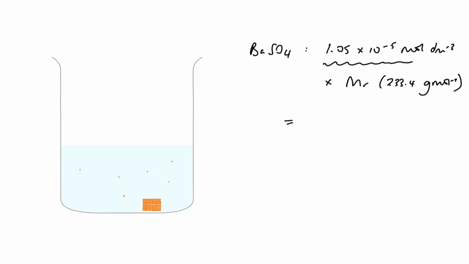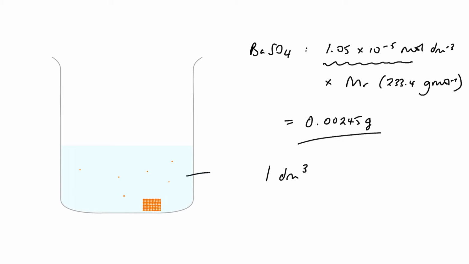When I do that, it comes to 0.00245 grams. So if I weigh out 0.00245 grams of barium sulfate, that's not a lot, and I dissolve it in an entire decimeter cubed, that's 1,000 centimeters cubed of water, I will have a saturated solution.